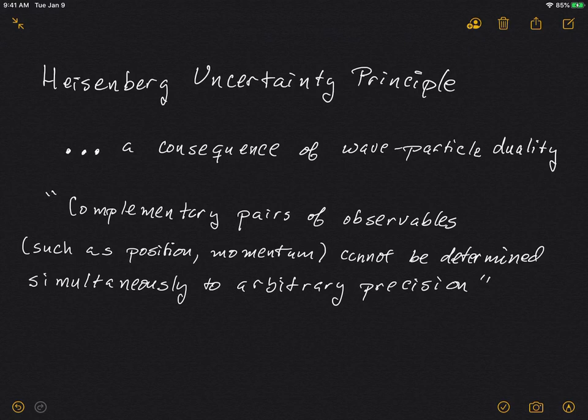It can be stated a lot of different ways, but here's one way: complementary pairs of observables, such as position and momentum, cannot be determined simultaneously to arbitrary precision.